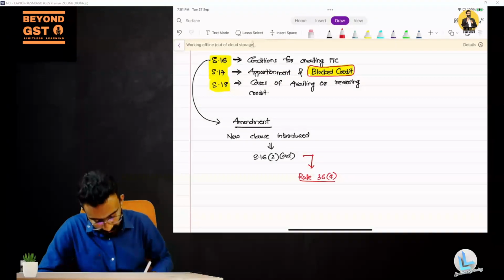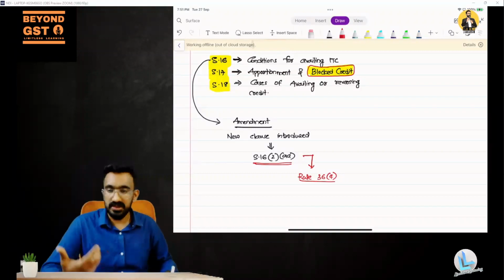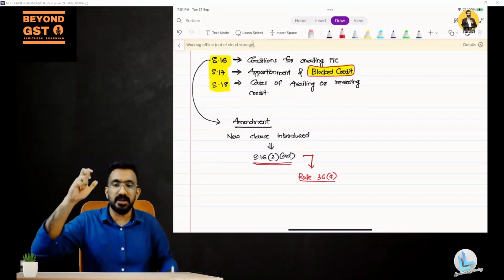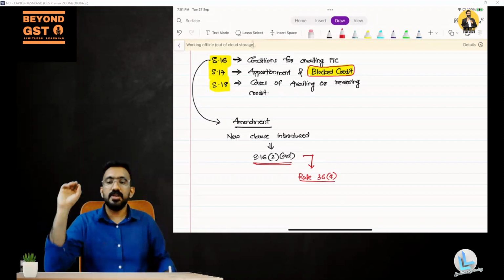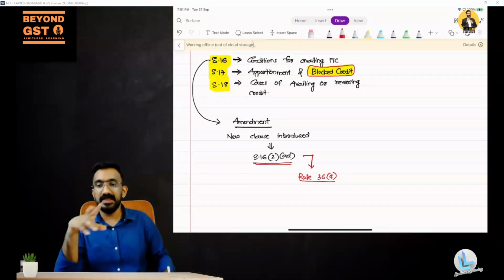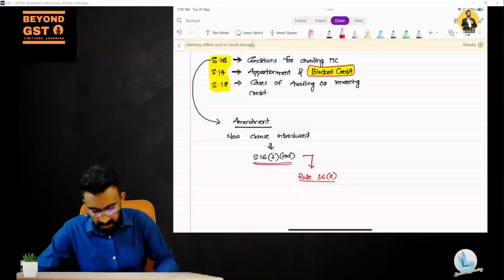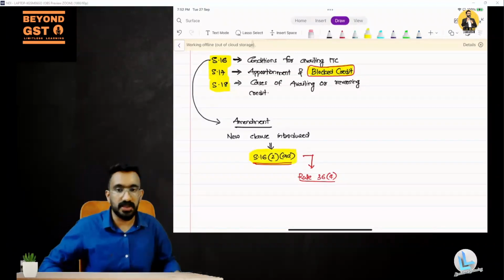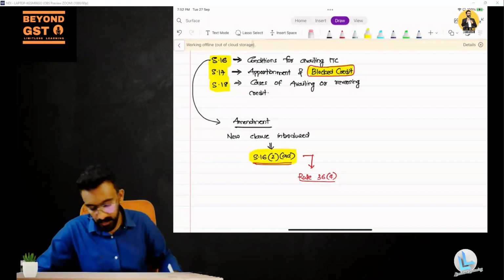At some point it was 20%, then 10% extra credit you can take, then 5% extra credit. Now there is no extra credit. If you want to take credit, that invoice has to be reflected in your 2A or 2B, or uploaded by the supplier in their GSTR-1. That's the change in 16(2)(aa). I will explain this in detail because it's an amendment, and there is a chance of some questions on 16(2)(aa).